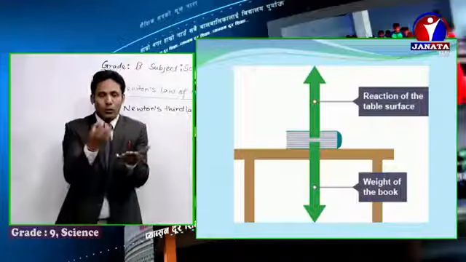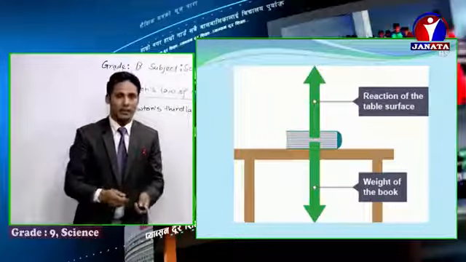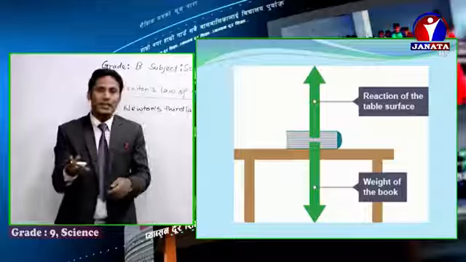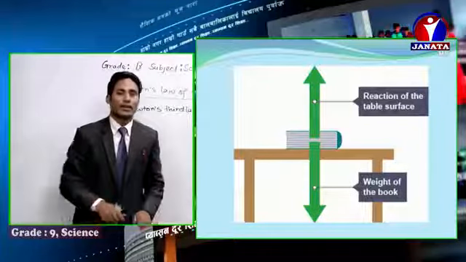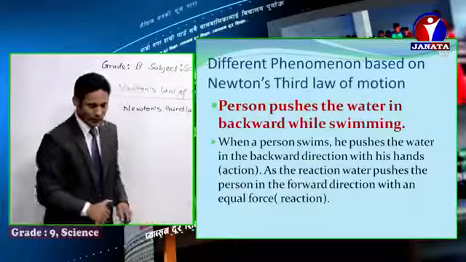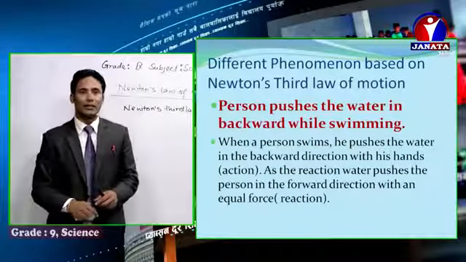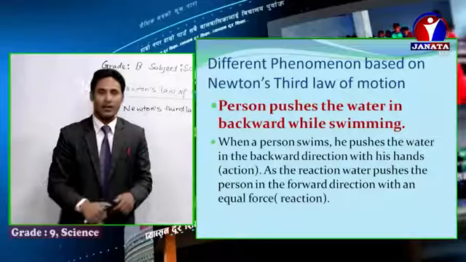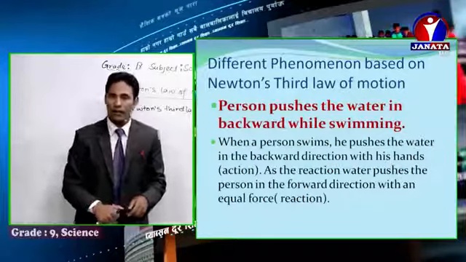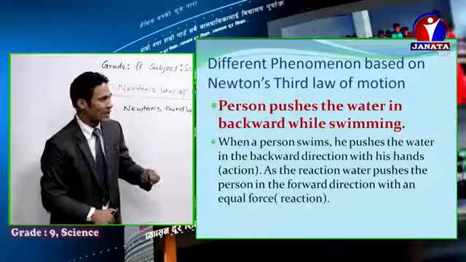So weight is the action, and the force exerted by the table on the book is the reaction. In our day-to-day life, there are different events based on Newton's third law of motion, so let's explain some of them.